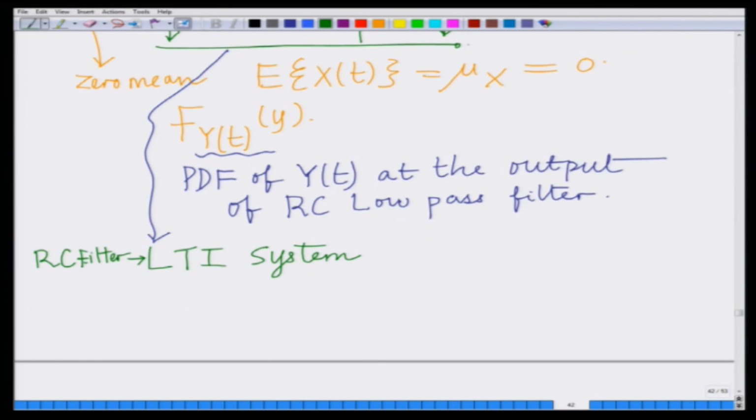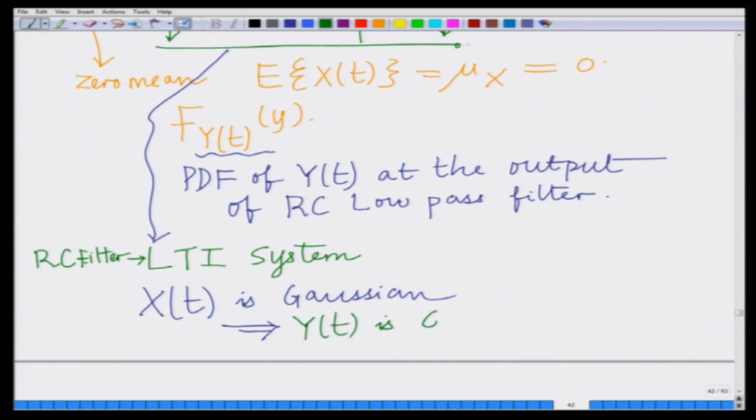Now therefore, as we had seen earlier in this module, since we are taking xt, which is Gaussian, and passing it through an LTI system, the output random process y of t is also Gaussian.